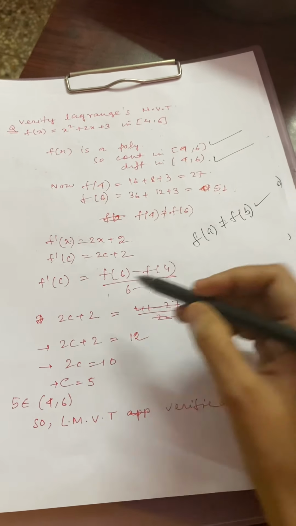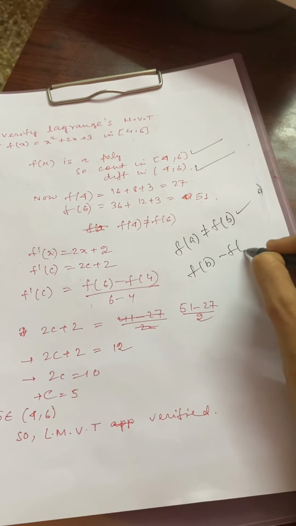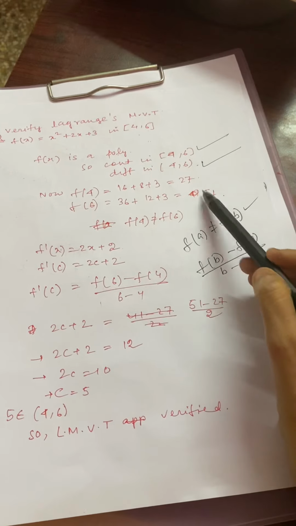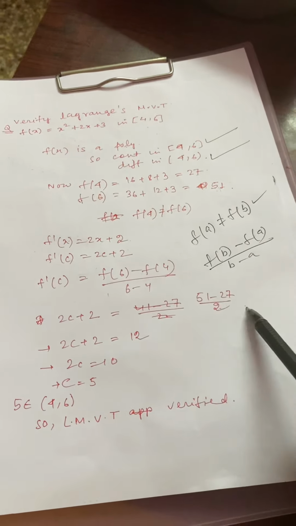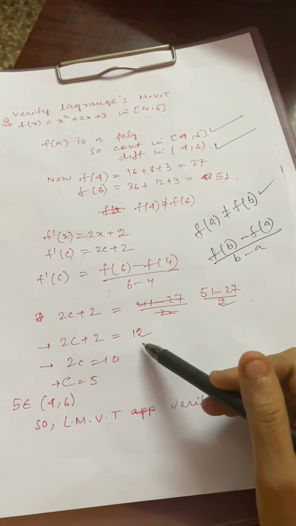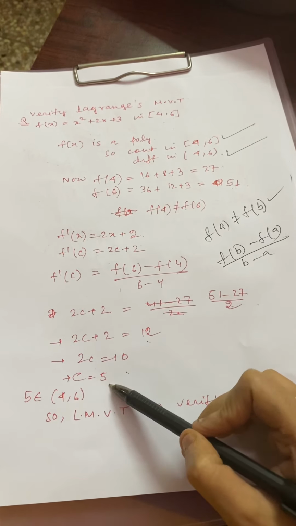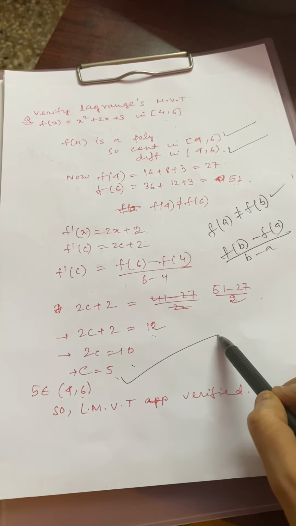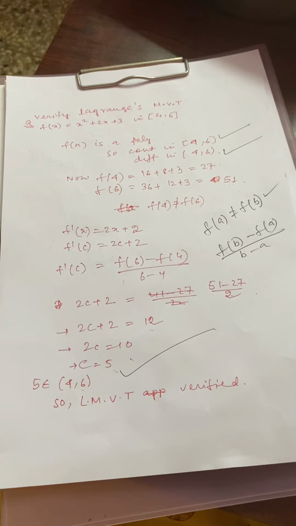The formula is f dash c equals (f(b) minus f(a)) by (b minus a), that is (51 minus 27) by (6 minus 4), which is 12. So 2c plus 2 equals 12, 12 minus 2 is 10, so c equals 5. See, 5 is between 4 and 6. So all the properties are checked. Therefore, LMVT, the Lagrange mean value theorem, is verified.